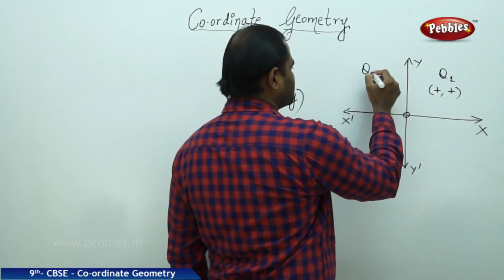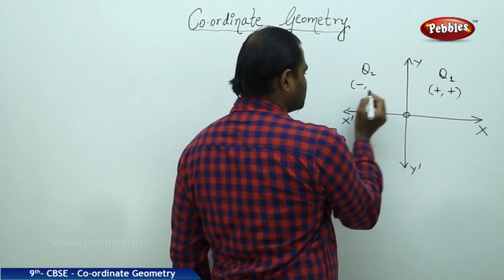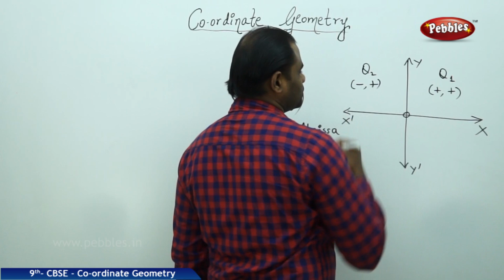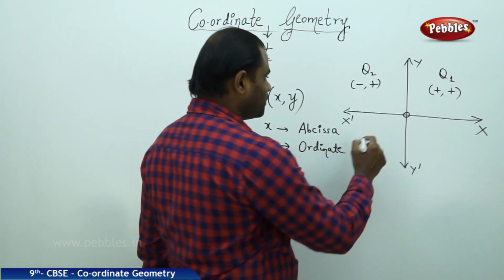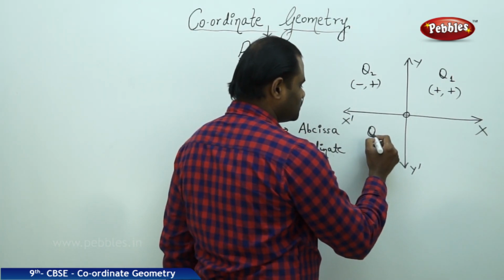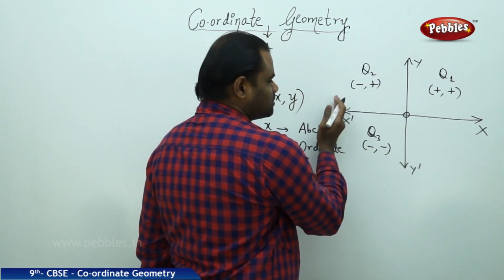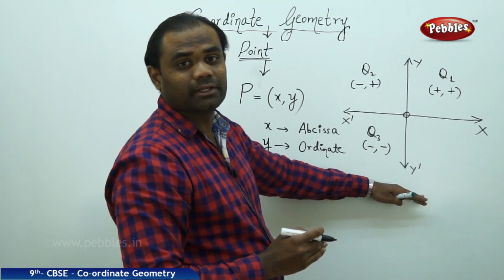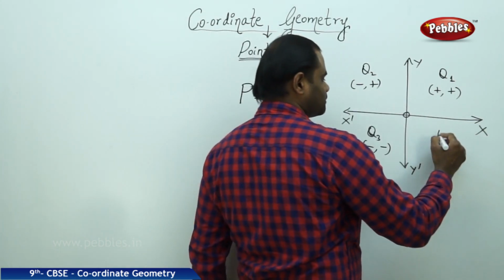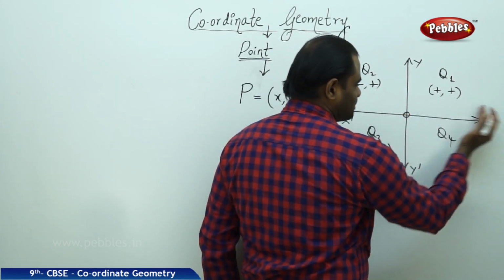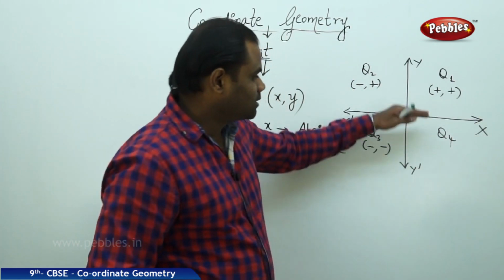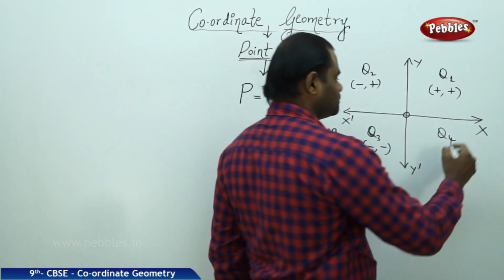In the second quadrant the abscissa is negative and the ordinate is positive. In the third quadrant the abscissa is negative and the ordinate is negative. In the fourth quadrant, abscissa is positive and the ordinate is negative.